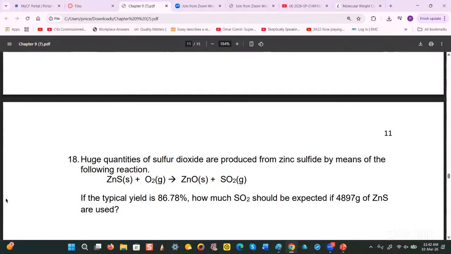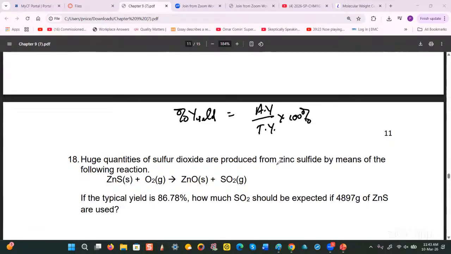The percent yield is the ratio of actual yield divided by the theoretical yield times 100%. That's how you calculate the percent yield.